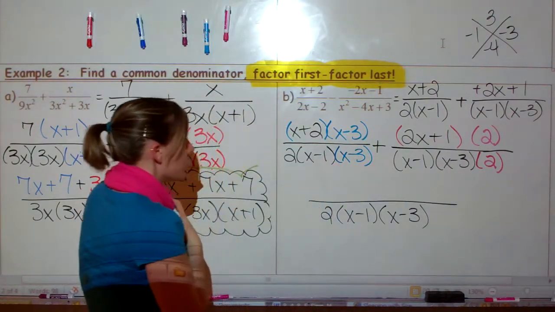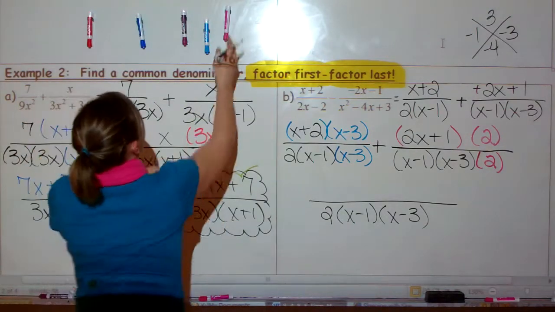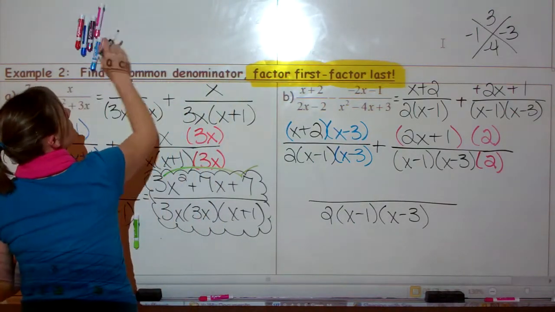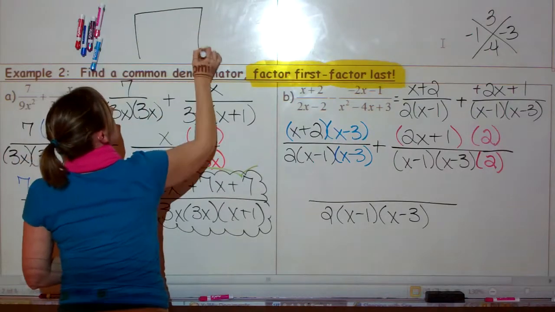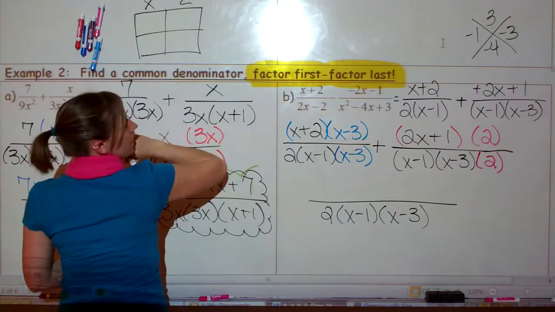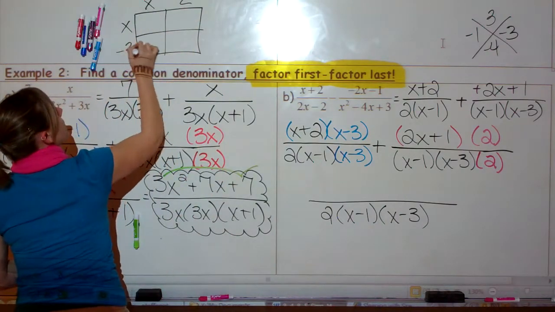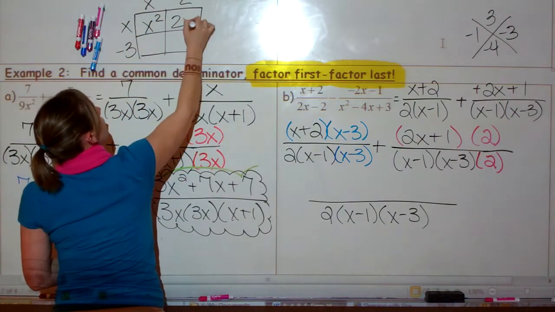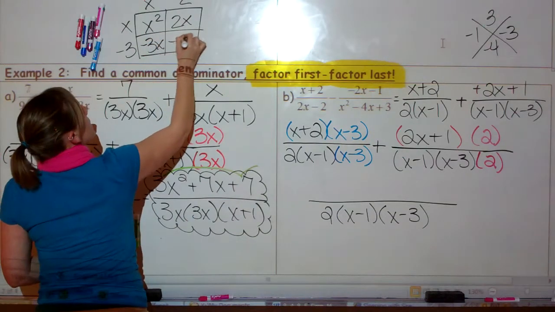A lot of times we use our box. So let me move these over. Let's do our box. So that's x plus 2 and x minus 3. So that's x squared, 2x minus 3x minus 6.